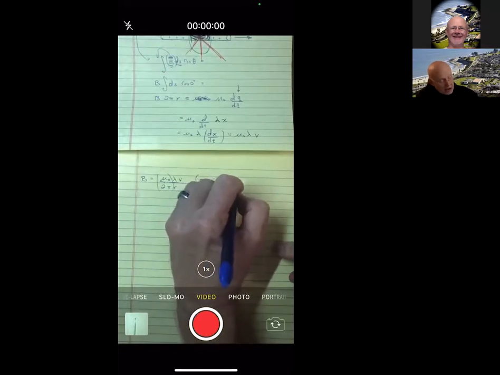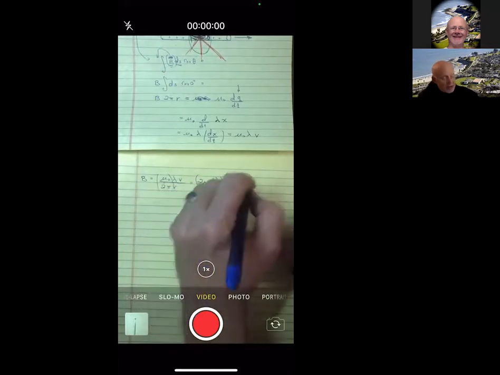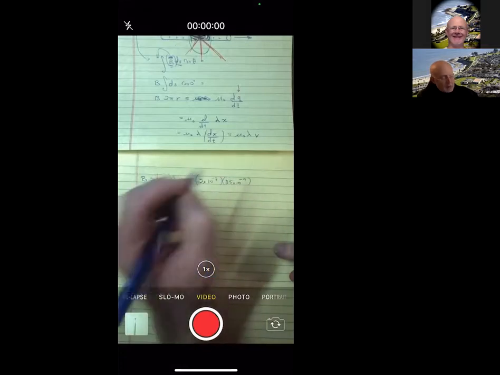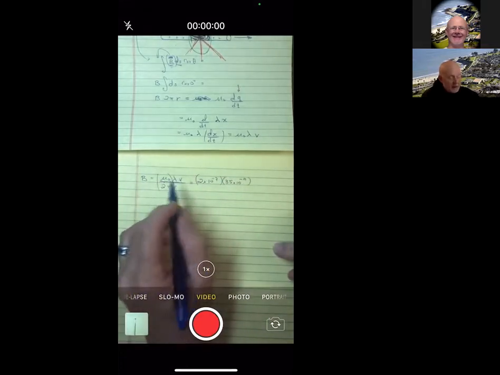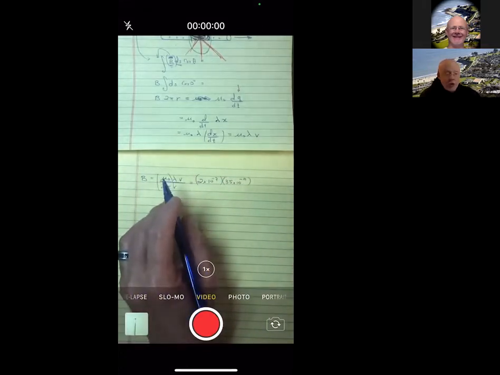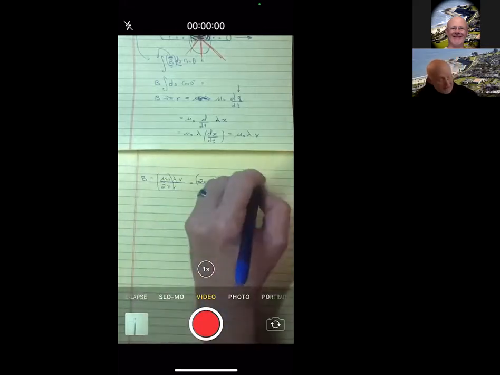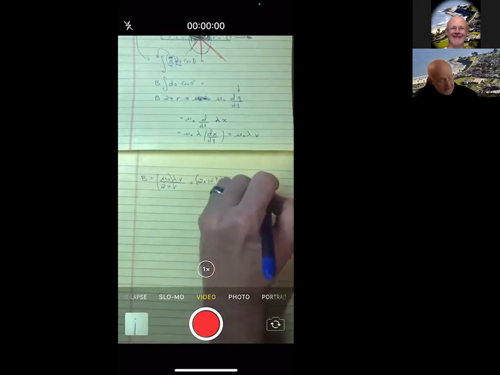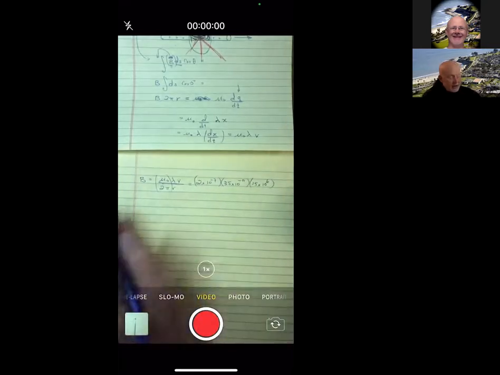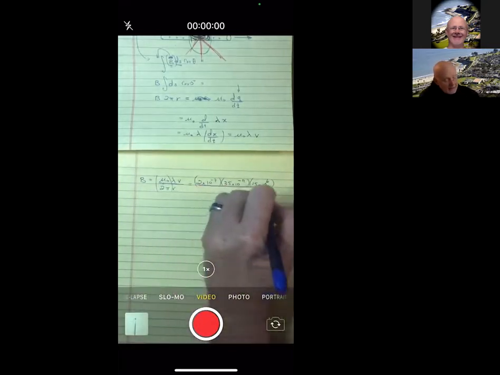This is the charge density, which is 35 nanocoulombs per meter. The velocity is that huge number. Let's see, what was it? 15 million meters per second.